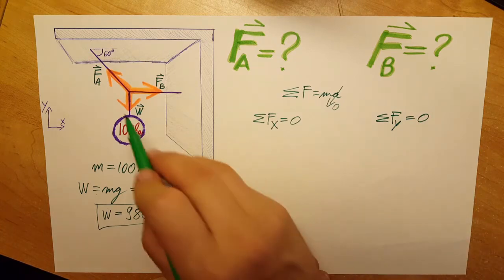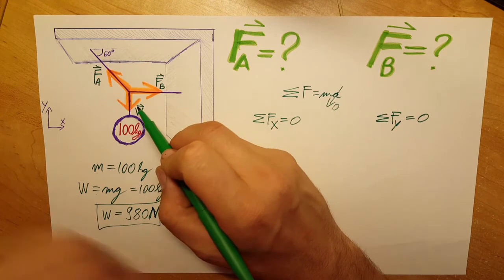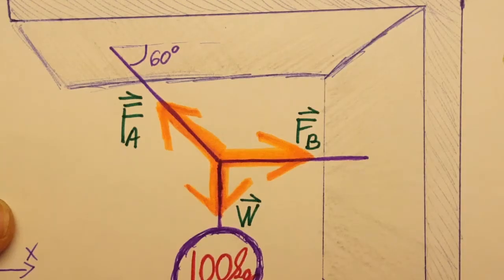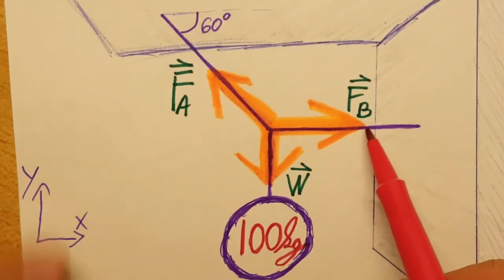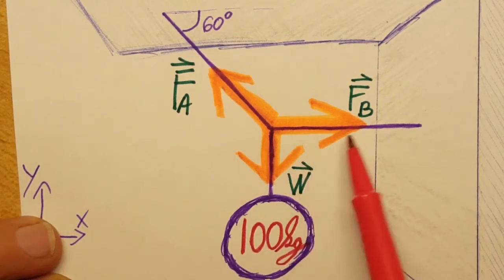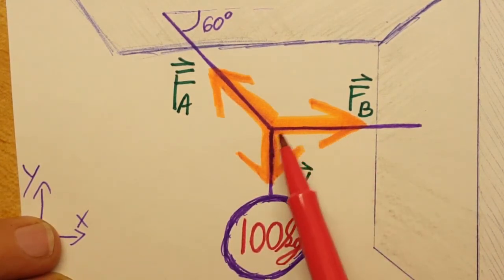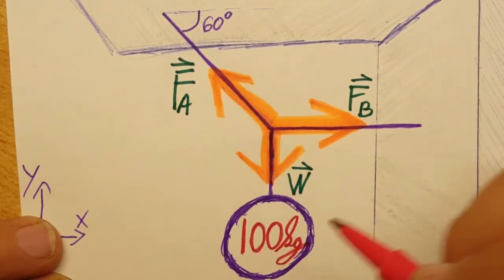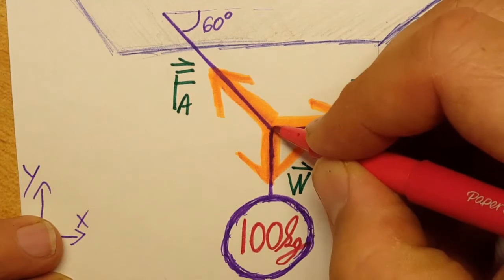Now let's take a look at our free body diagram. FB is only in the x dimension. Here are x and y, and FB is only in the x direction, so there's no y component to it. But FA, we need to break it up into components.